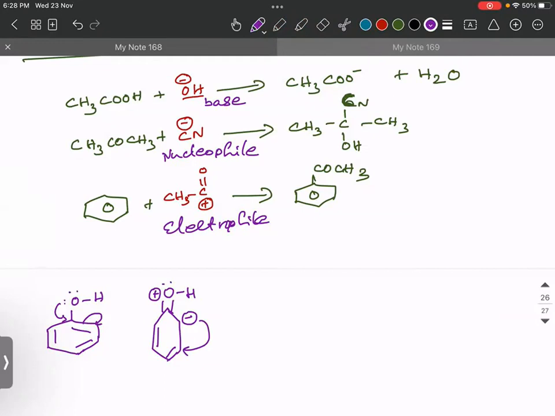Okay, and now you migrate this into this bond, and here you put one more arrow. Now what happened? Here double bond, OH plus. Here double bond, then positive, the negative. Next, what will happen? This will go here, it will go here.